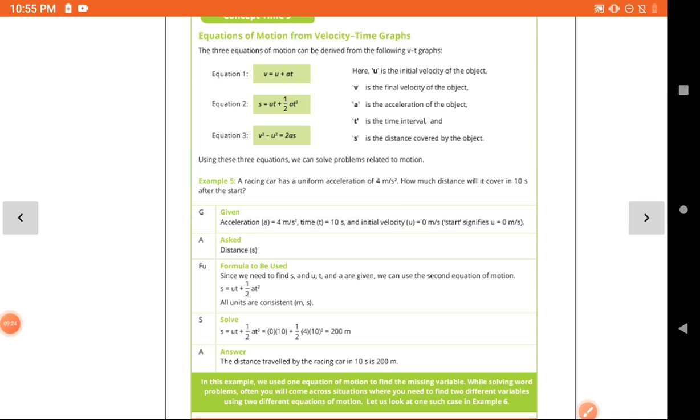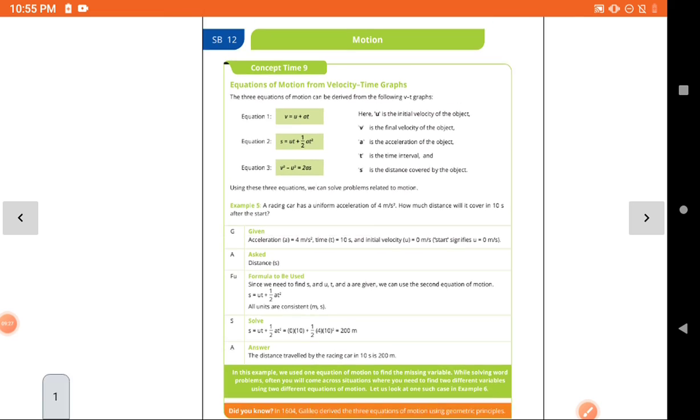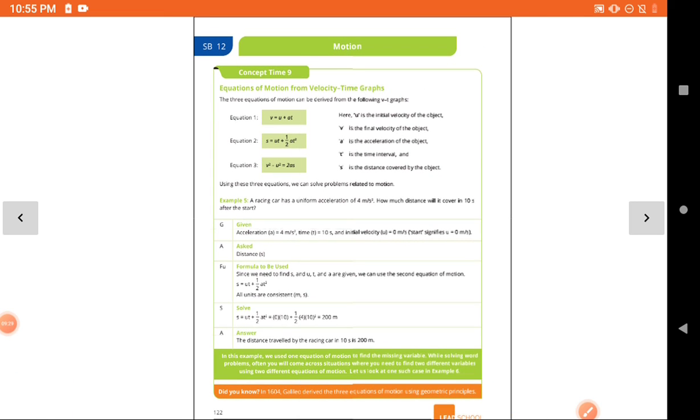Students, in your supplementary book SB12, concept time number 9, you must read about the velocity time graph and the three equations of motion.